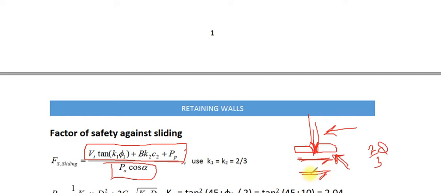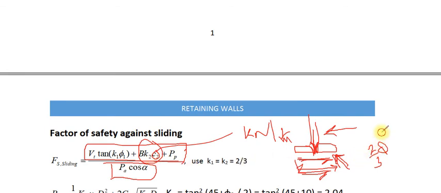The second force here can be computed based on the cohesion. Look, the cohesion is in kilonewton per meter square. Multiply the cohesion by the width of the retaining wall, and 1 meter perpendicular to the paper. This is the second component, multiplied by K2.